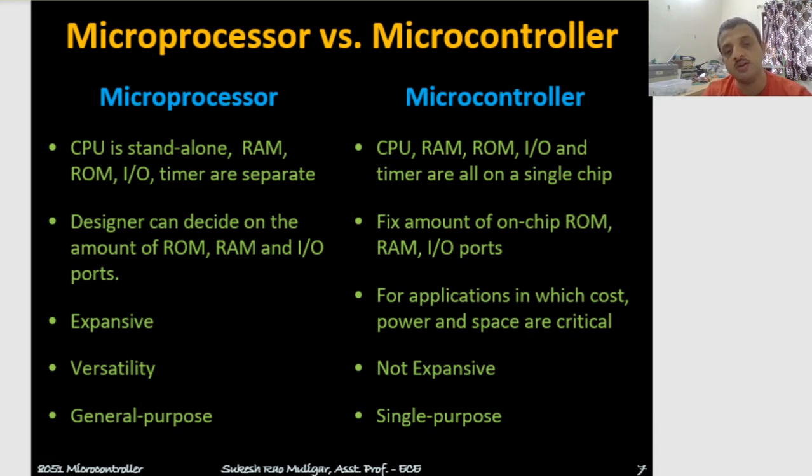Take an example of a computer, a desktop system or a laptop. It is made up of a processor, not a controller. If you think of a calculator, it is made up of a controller, or a BP monitoring unit, a small gadget, a smartwatch, a fitness band, or maybe a digital clock. All of these are based on microcontrollers, where you don't have to worry about large data processing operations.